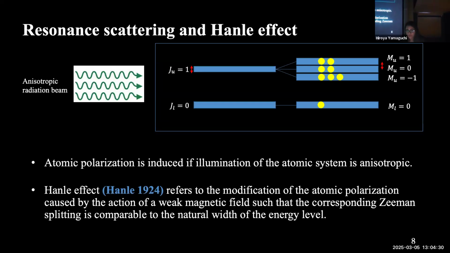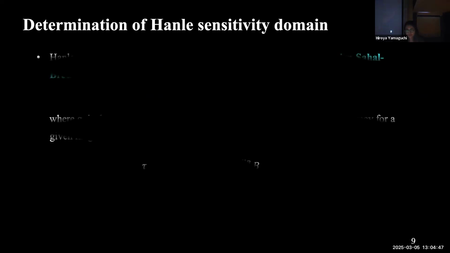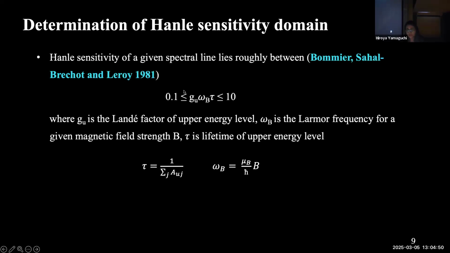But how do we identify atomic systems which are sensitive to the Hanle effect for a particular region, to use that atomic system for probing the magnetic fields? For that, we need to calculate this factor, G omega tau, where G is the Landé factor of the upper energy level, omega is the Larmor frequency, and tau is the lifetime of the upper energy level, which is basically the inverse of the summation of the Einstein A coefficients.